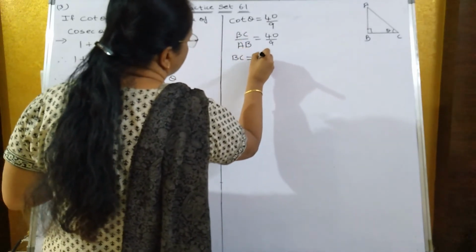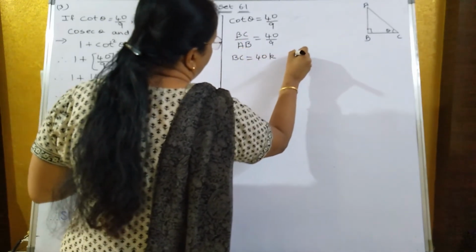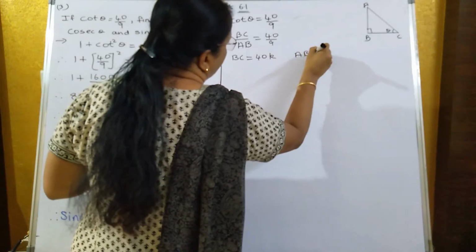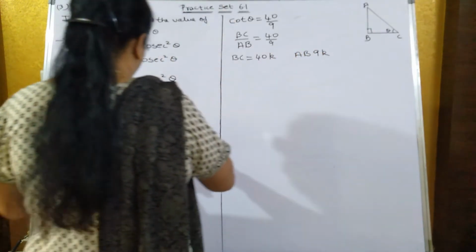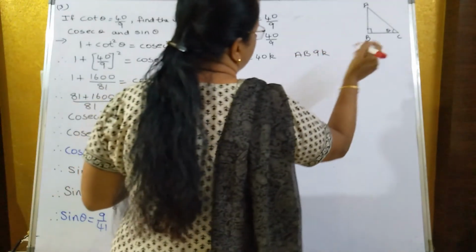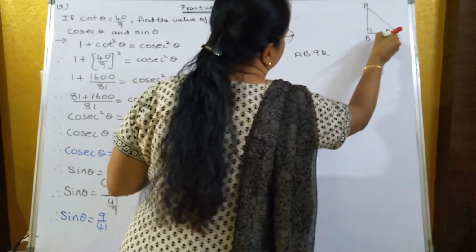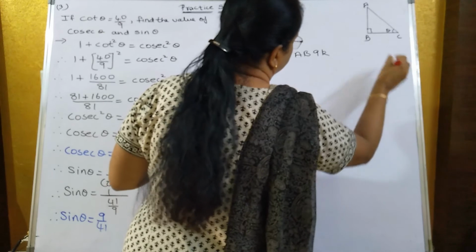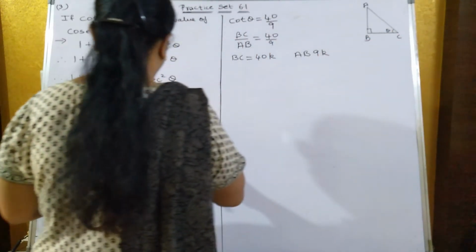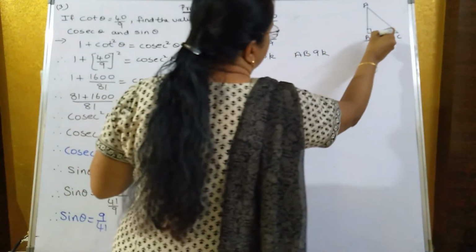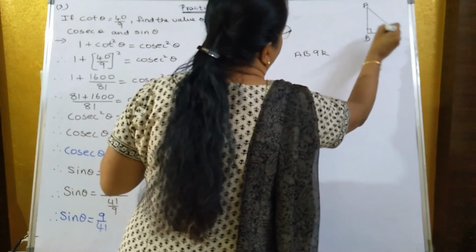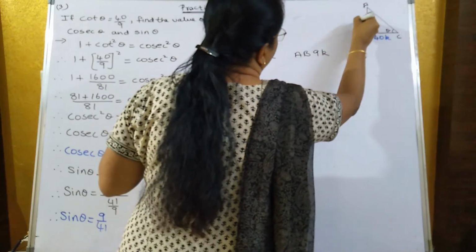So BC is equal to 40K and AB is equal to 9K. So K is the common multiple.